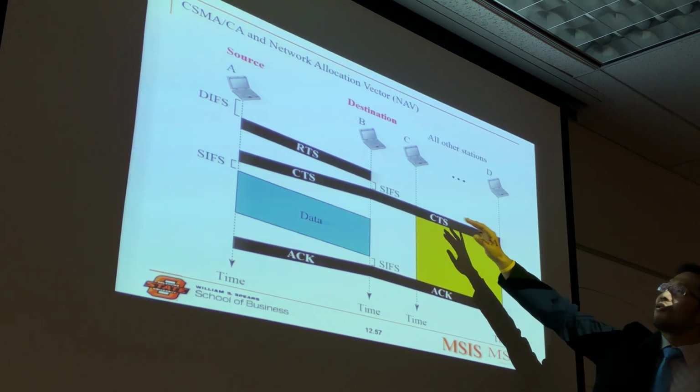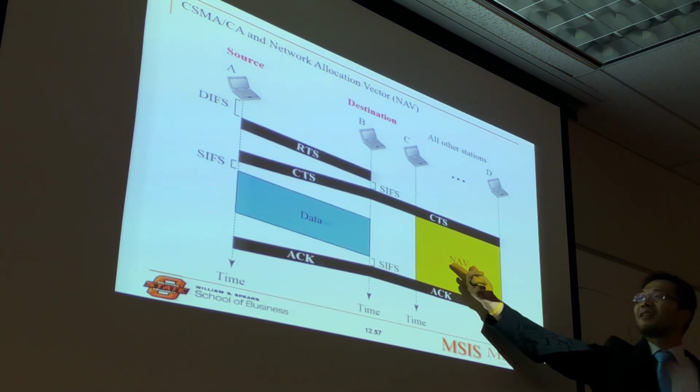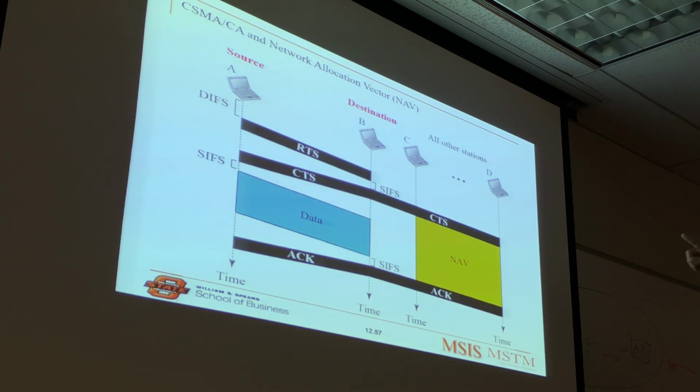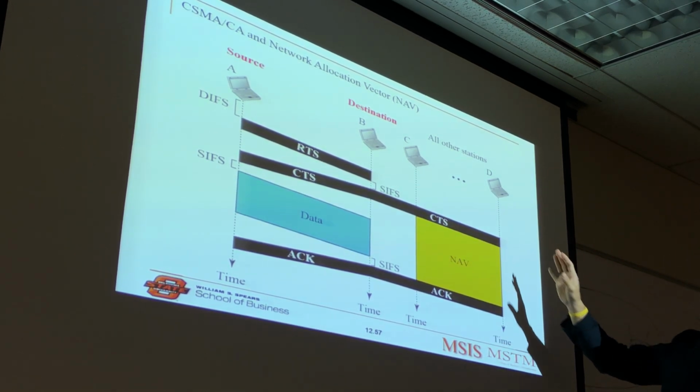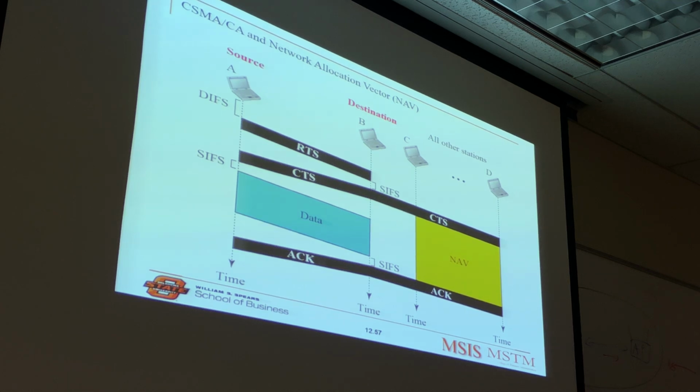And in the CTS control message, there is also a value called NAV, network allocation vector. That's again a time amount, saying device A is about to transmit something, and that's going to take roughly 5 seconds. So don't even bother to listen; come back after 5 seconds. During that time, C and D know that we should not use the network or try to share the medium because it's being used. And at the end, you have to transmit an acknowledgement to the sender, and without that, the sender will retransmit.